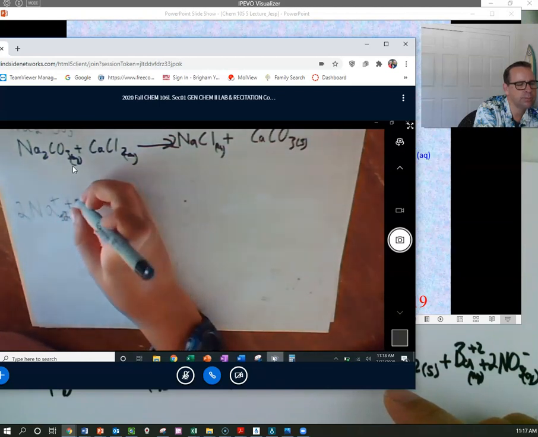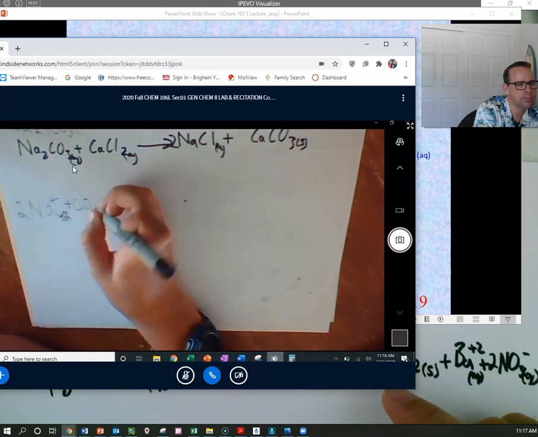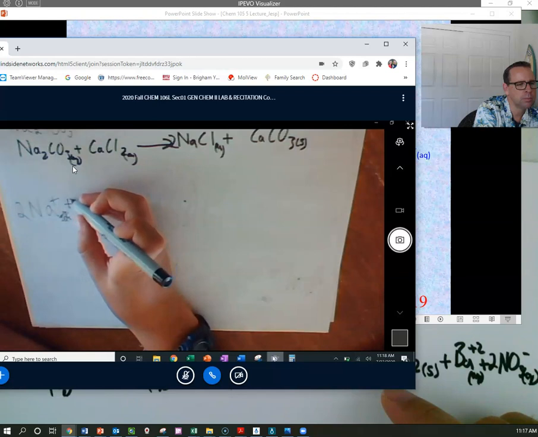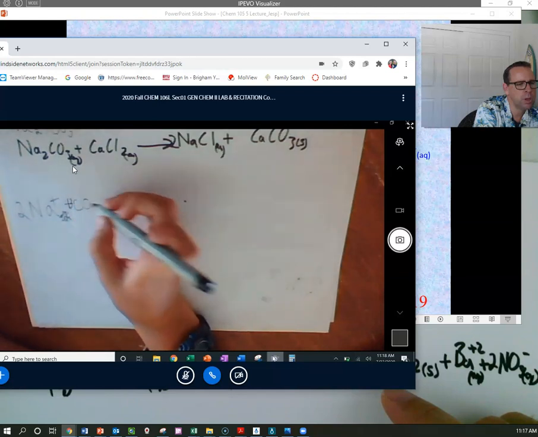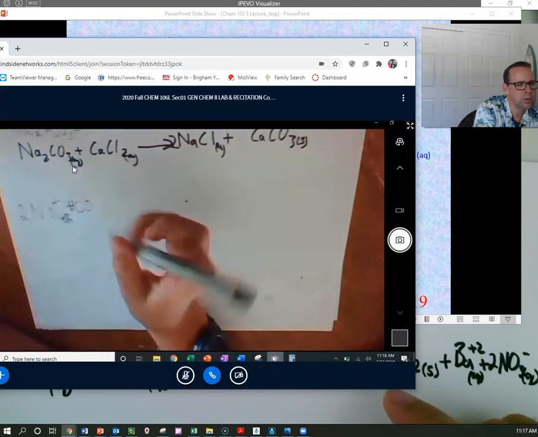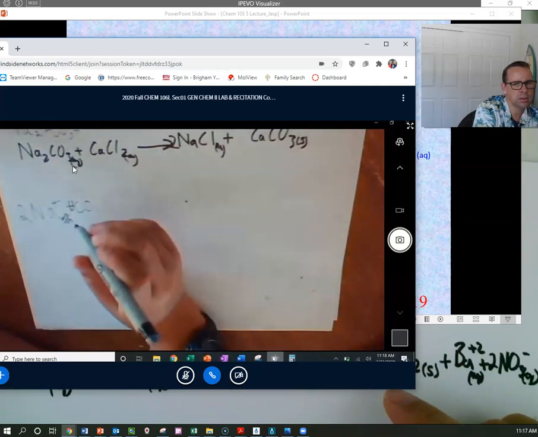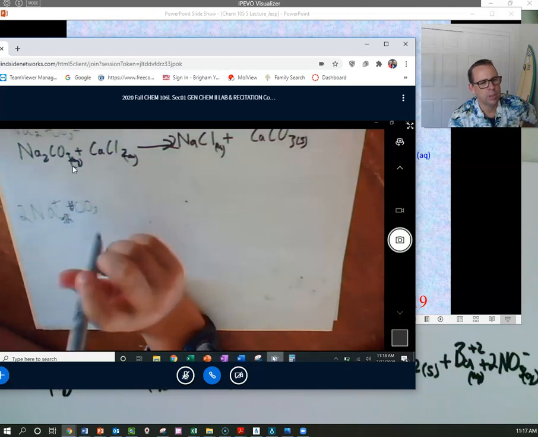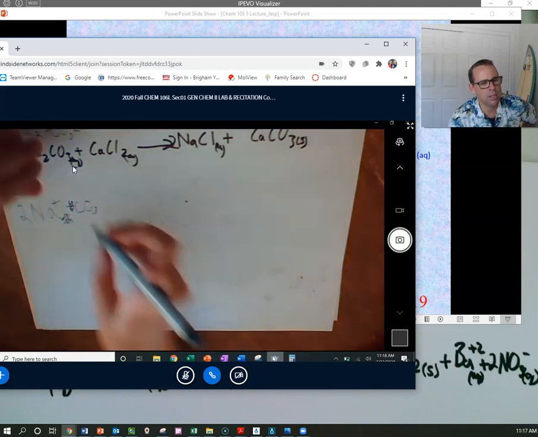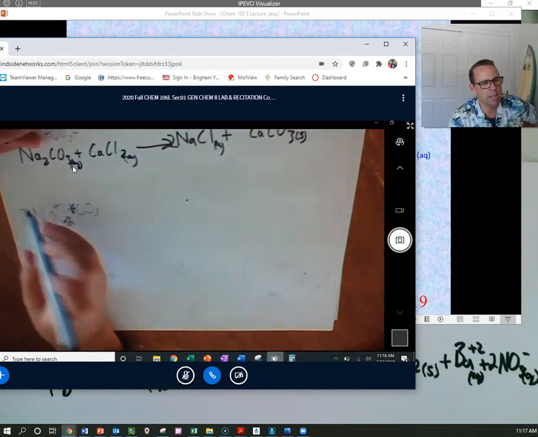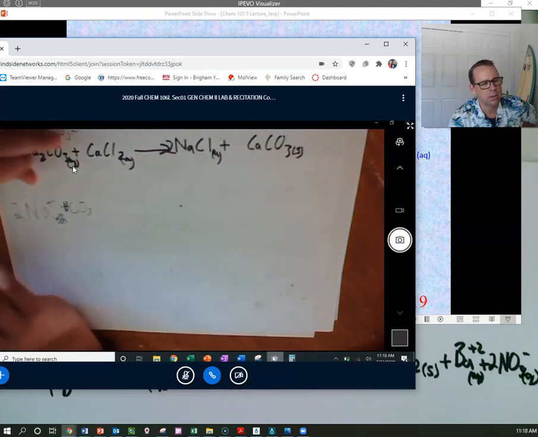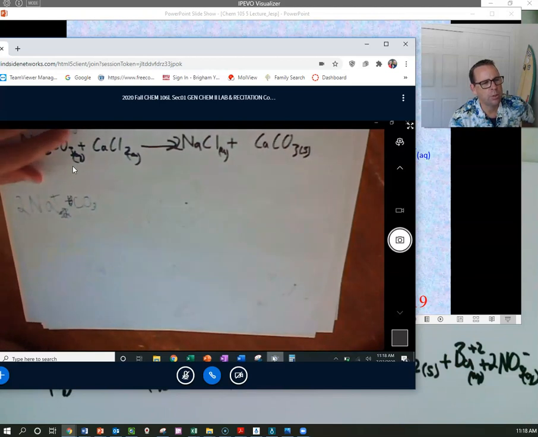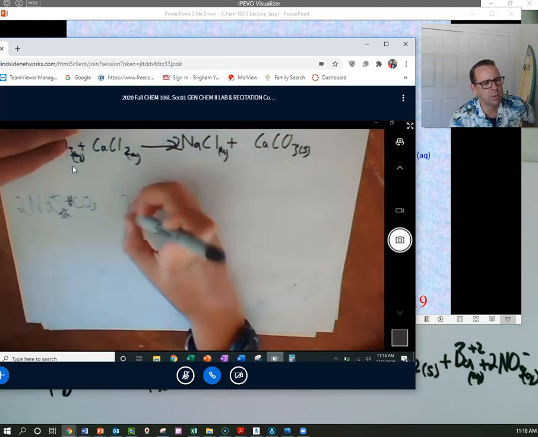Okay, good. No, CO3 is the polyatomic ion. Right, there you go. CO3 is the carbonate ion, so now we have to look on the periodic table or on the back there to find out what its charge is. Or maybe you can know because of the sodiums, the number of sodiums.